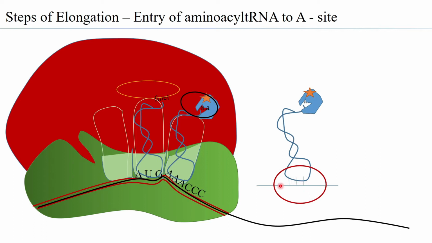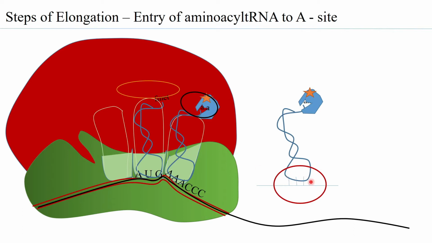And this effective, stable hybrid formed between the aminoacyl tRNA and the mRNA is something that the ribosome is looking at to ensure that it is not an incorrect tRNA that is coming into the A site, but it is the correct tRNA coming into the A site.